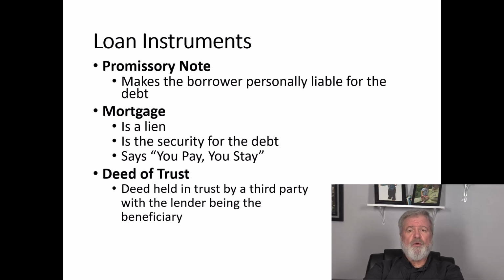Now, these are 2 completely different documents. The promissory note, that's the loan. In fact, we touched on this a little bit earlier as well. By signing the promissory note, you're promising to pay back the money they're loaning you under the terms agreed to in this note. This does make the borrower personally liable for the debt.